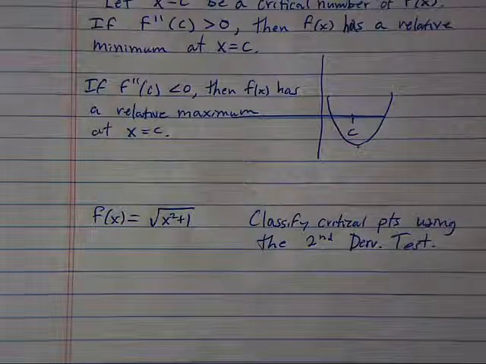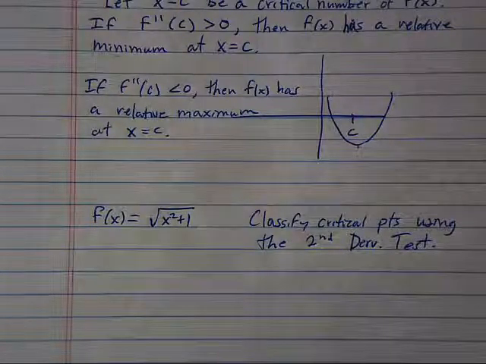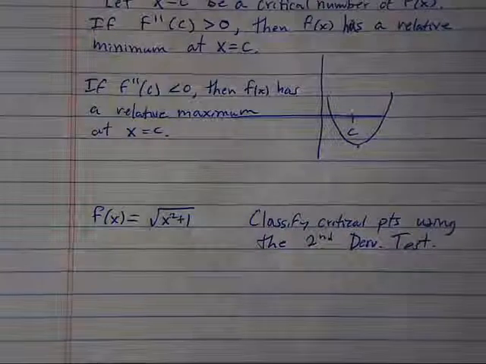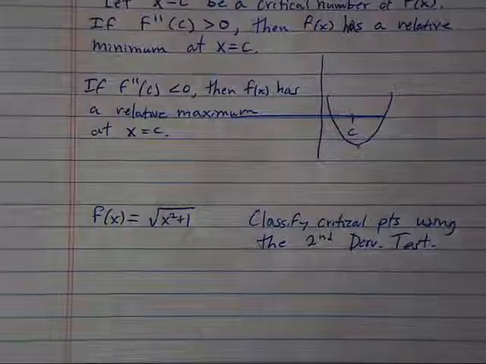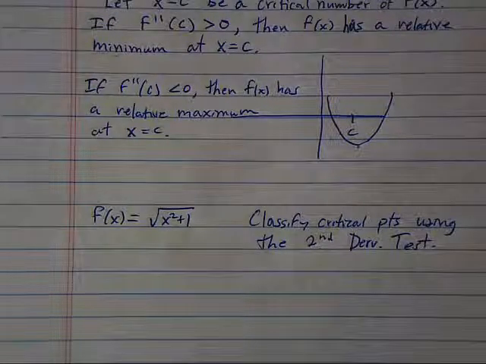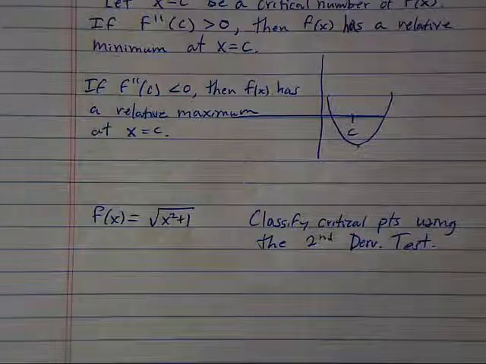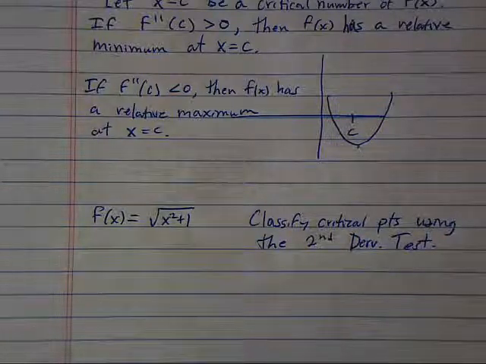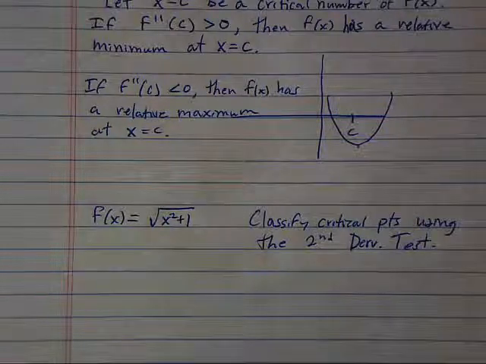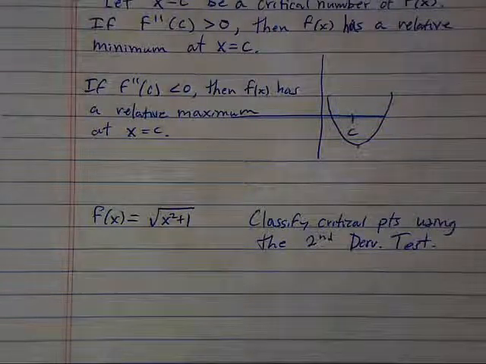What do I need to do in order to classify the critical points using the second derivative test? First thing I need to do is find the derivative. Why do I need to find the derivative? Because I use that to find the second derivative. If I'm using the second derivative test, I clearly need to know the second derivative. Also, the first derivative gives me my critical points.